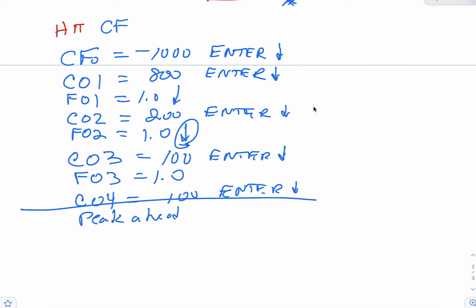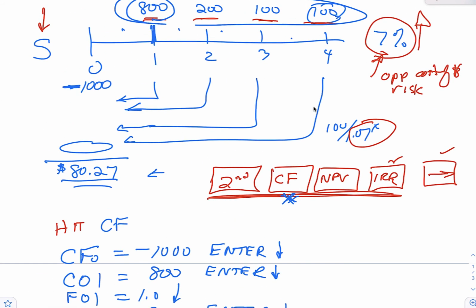Using your down arrow, first make sure that F04 is equal to 1. Then peek ahead to see if C05 equals 0. You want to make sure C05, C06, and all the future cash flows are 0 because they are effectively 0. We just didn't put them here.